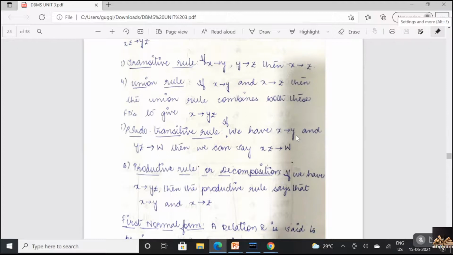So these are the different Armstrong axioms that can be used while you're working with the previous concept.